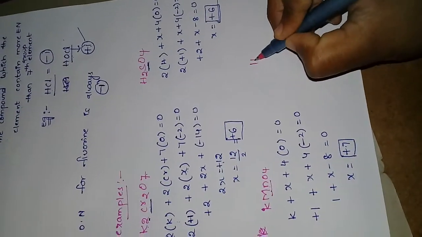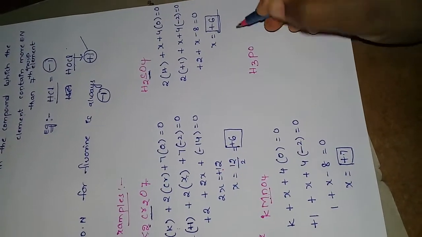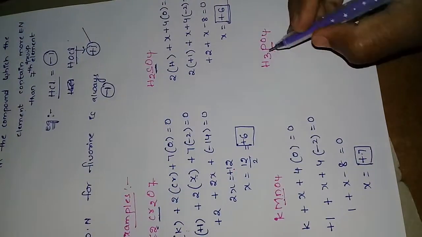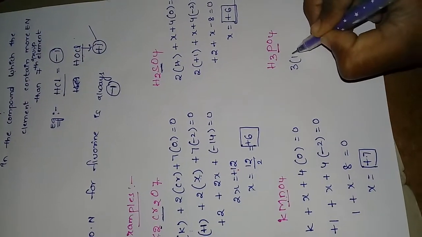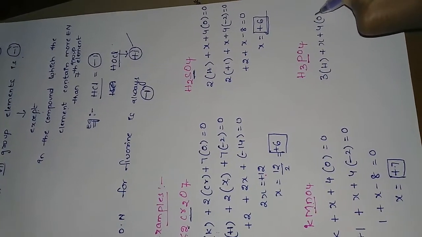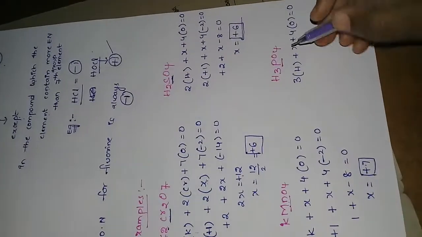Next we take phosphoric acid, H3PO4. We find oxidation state for phosphorus. 3 into H plus X plus 4 into oxygen is equal to 0.